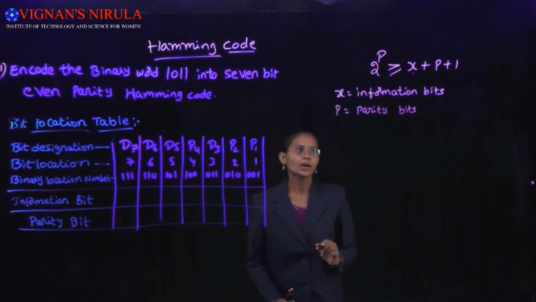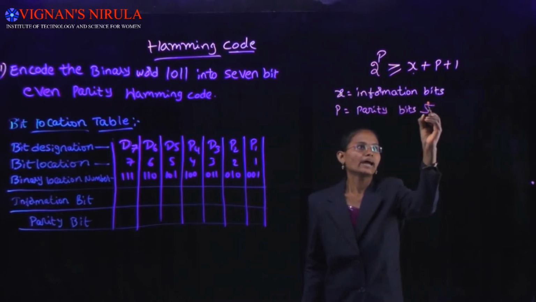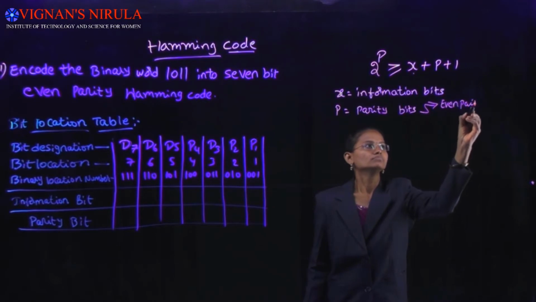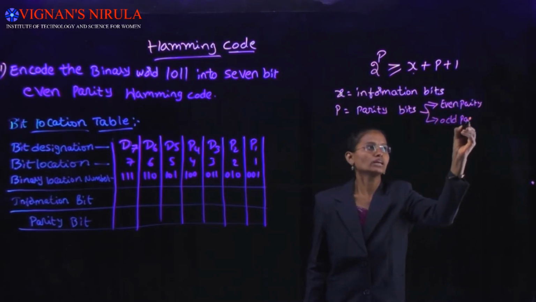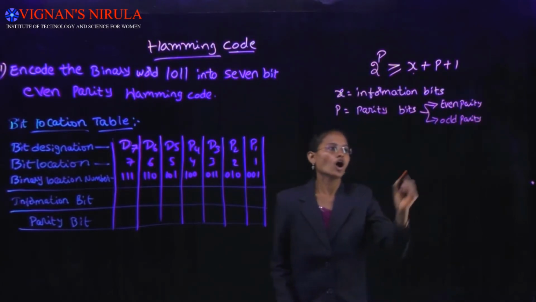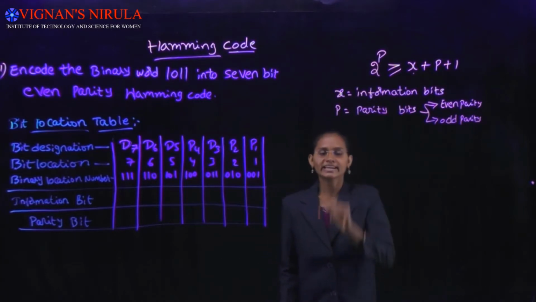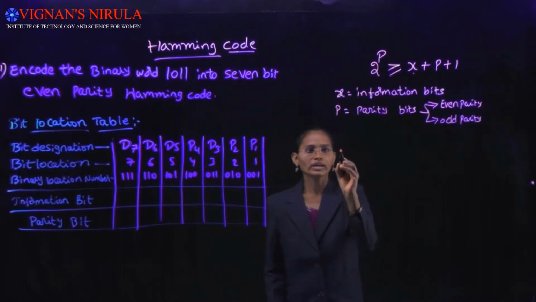The parity bits are either even parity or odd parity. We have to find out whether it is even parity or odd parity. And the parity bits are placed in powers of 2.